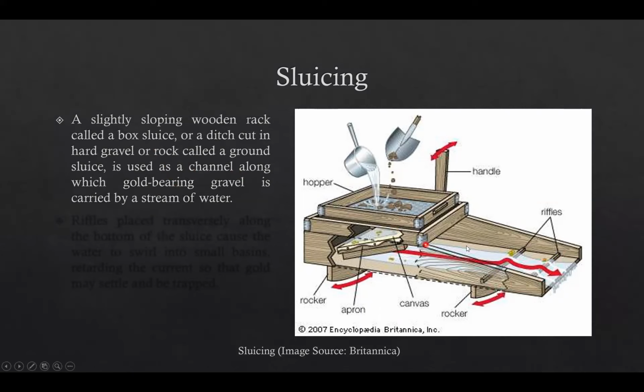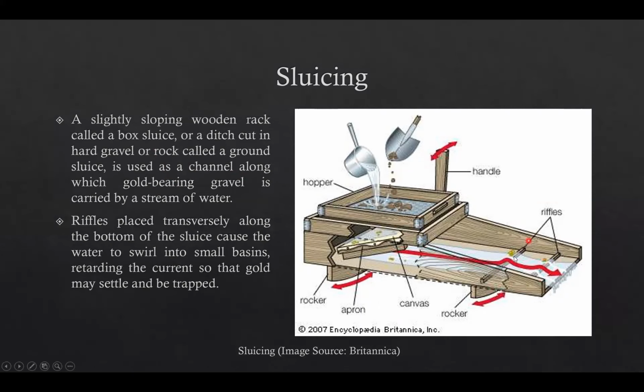So the water flows through this device, which is a sluice, and then we have riffles which are placed transversely along the bottom of the sluice, which cause the water to swirl into small basins, retarding the current so that gold may settle and be trapped at the bottom of these sluices.